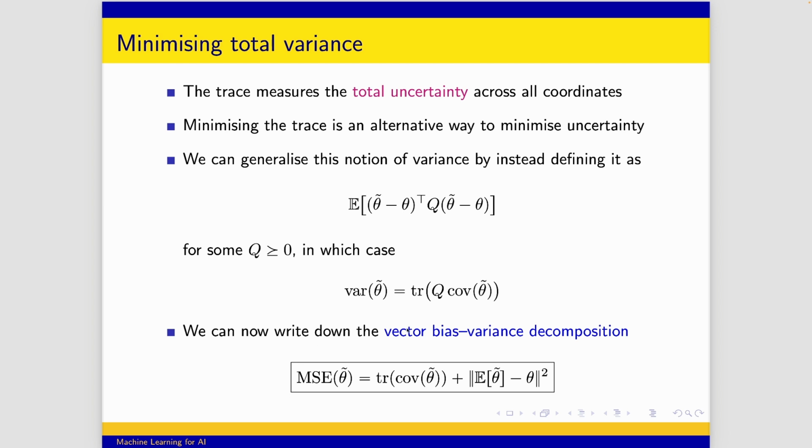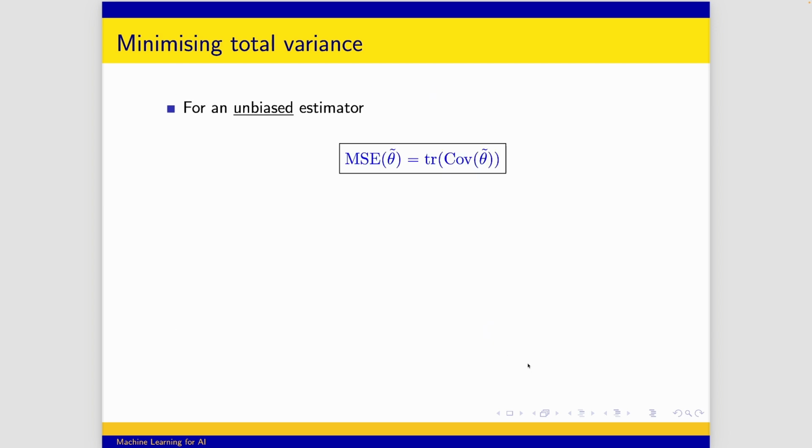So we can now write down a vector bias variance decomposition. The mean square error of theta tilde, any estimator theta tilde, is the trace of its covariance matrix plus its bias squared. So for any unbiased estimator, that bias term will disappear, and we're left with mean square error being simply this total variance, the trace of the covariance matrix.